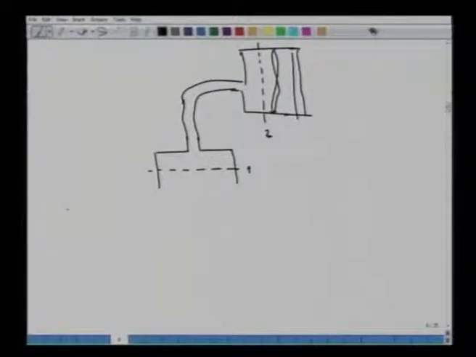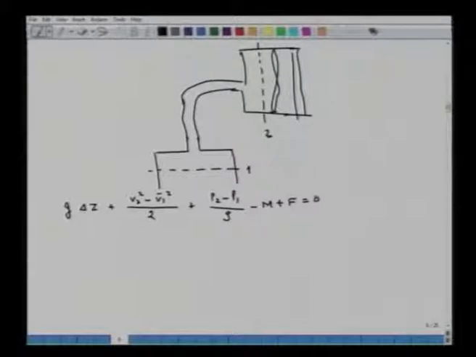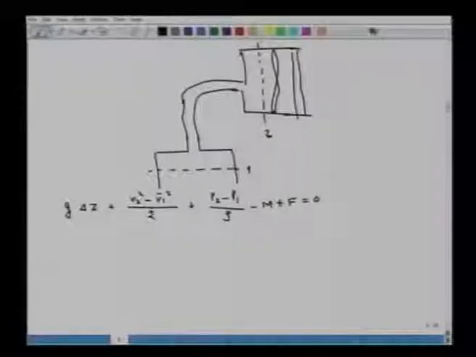So, obviously, I can write down my mechanical energy balance: g into delta Z plus V2 bar square minus V1 bar square upon 2 plus P2 minus P1 upon rho minus M plus F, that is equal to 0. Now, mind you, here Z1 is not equal to Z2, so accordingly we have to take care. But V1 and V2 are negligibly small and their squares will be negligibly small.